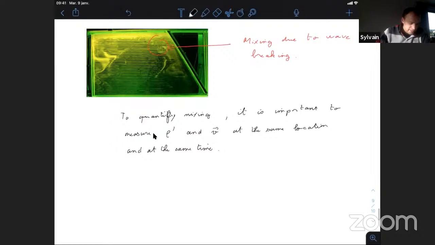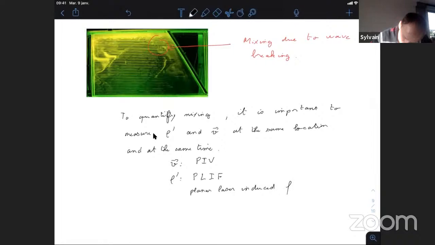And this is rho prime. So V is measured using PIV, and rho prime can be measured with a technique called planar laser induced fluorescence.